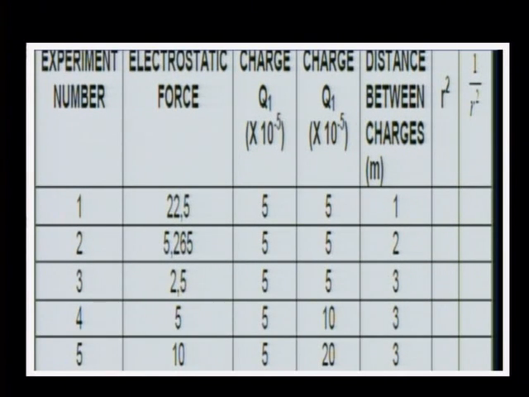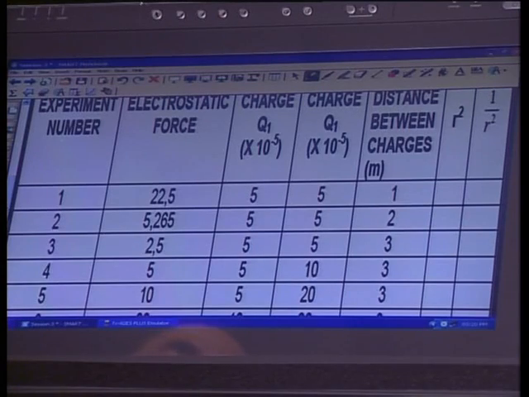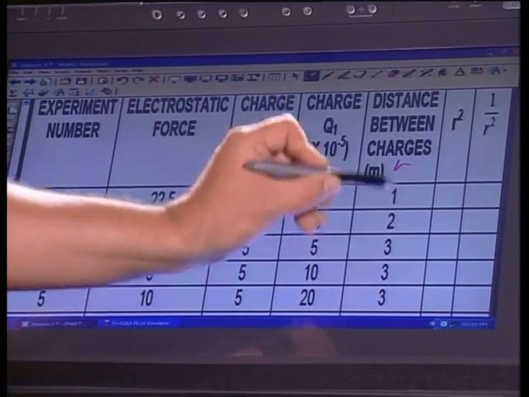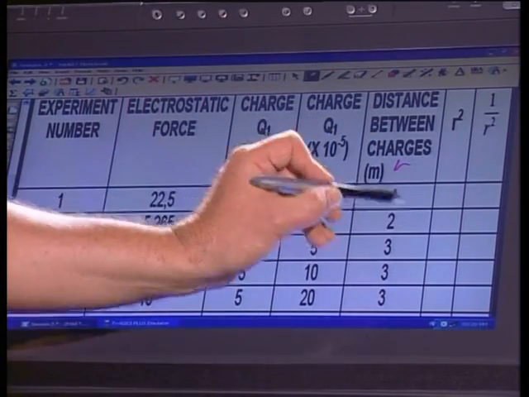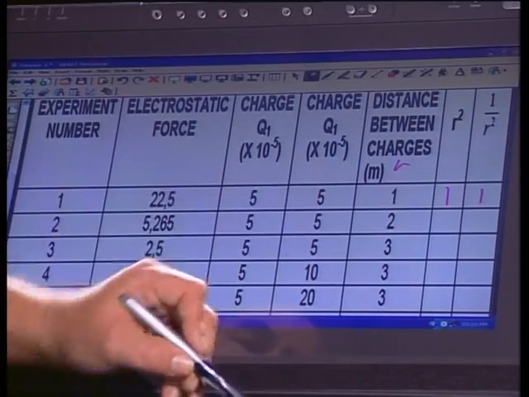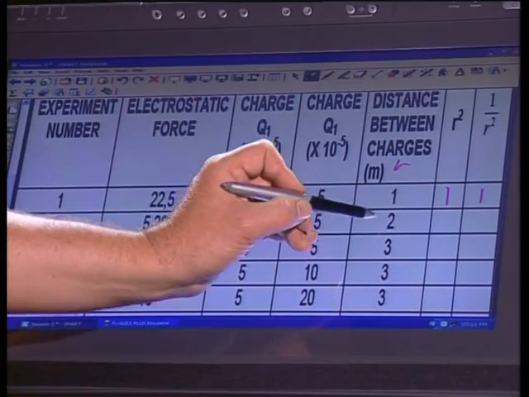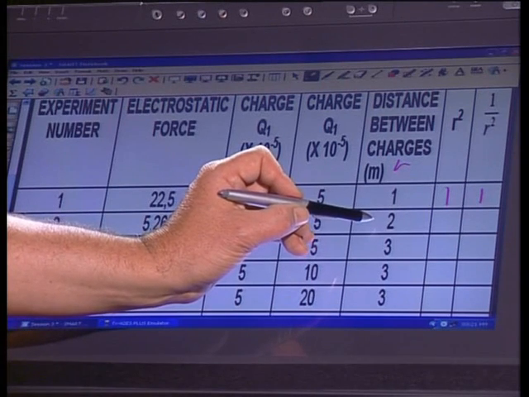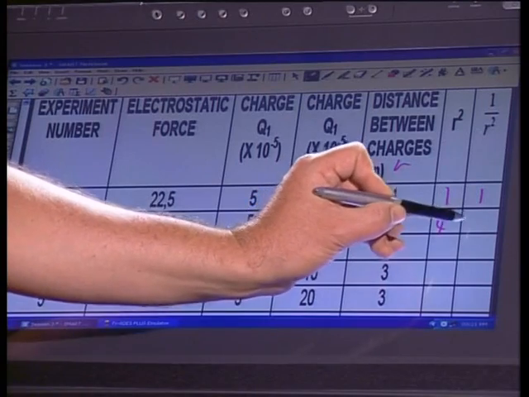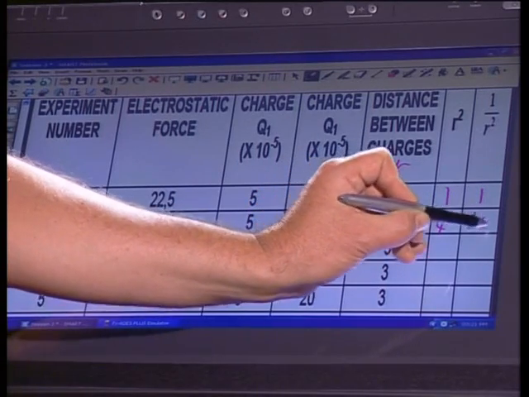So what we need to do is to identify what r squared is. There's the distance, that's r. So we want r squared. Well, 1 squared is 1, and 1 over 1 is 1. So there's no change there. Whereas 2 squared is going to be, that's right, 4, and 1 over 4 is a quarter.